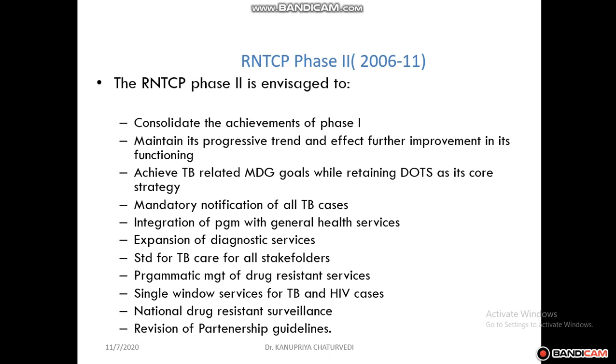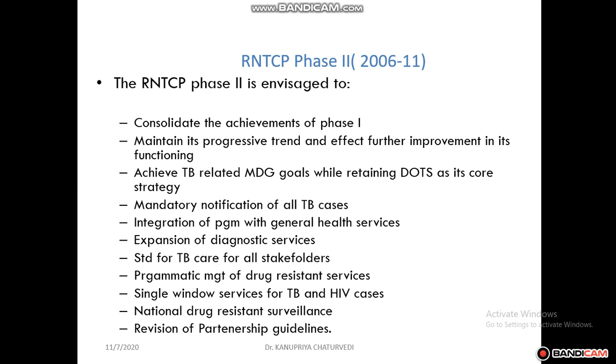Single window services for TB and HIV cases. Single window is nothing but all these cases are being diagnosed properly, and whichever patient is diagnosed with HIV and with opportunistic infection as TB, they are provided medications in a single window service.